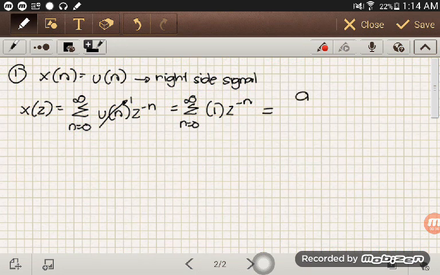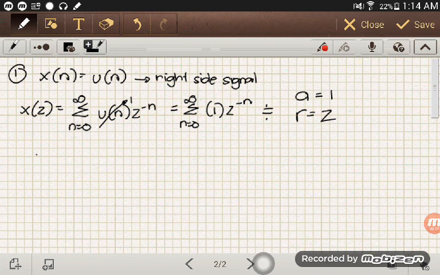So what is your a? a is equal to 1, r is equal to z to the negative 1, the summation of z to the negative n when n is equal to 0 to positive infinity.